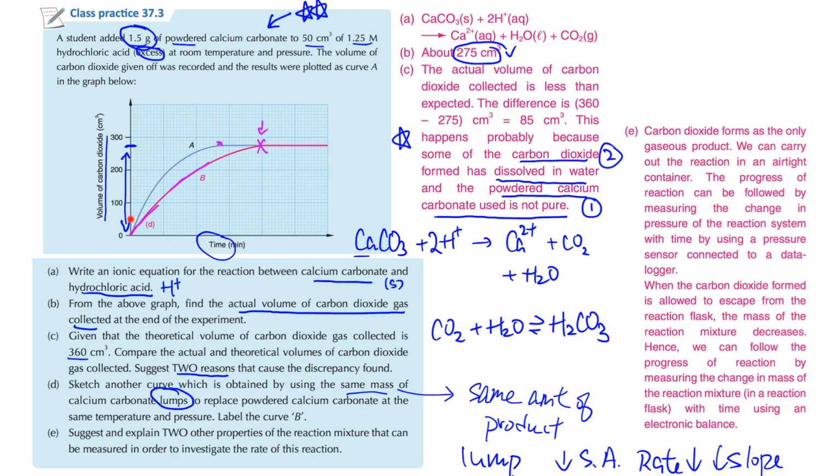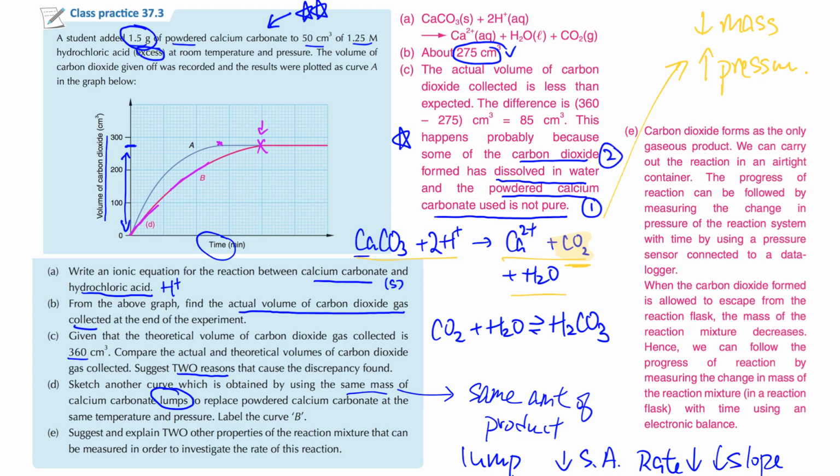Part E. The last one: suggest and explain two other properties of the reaction mixture that can be measured in order to investigate the rate of reaction. Quite obviously, other than the CO2 volume, you can measure the decrease in mass, and also you can measure the increase in pressure in the reaction mixture, because CO2 is the only gas product.